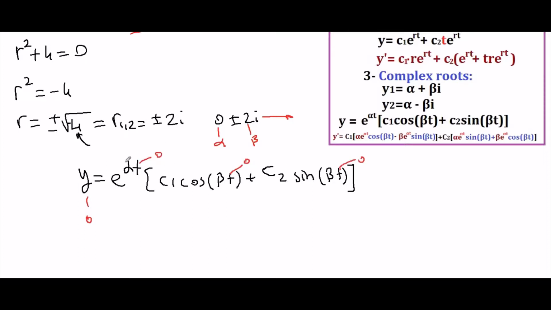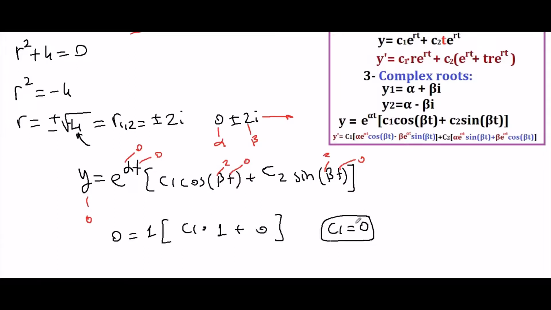Our alpha value is also 0 and beta value is 2. Now if we solve this, e to the 0 is 1. We have c1, cosine of 0 is 1, and sine of 0 is 0. So here we obtain c1 equals 0.